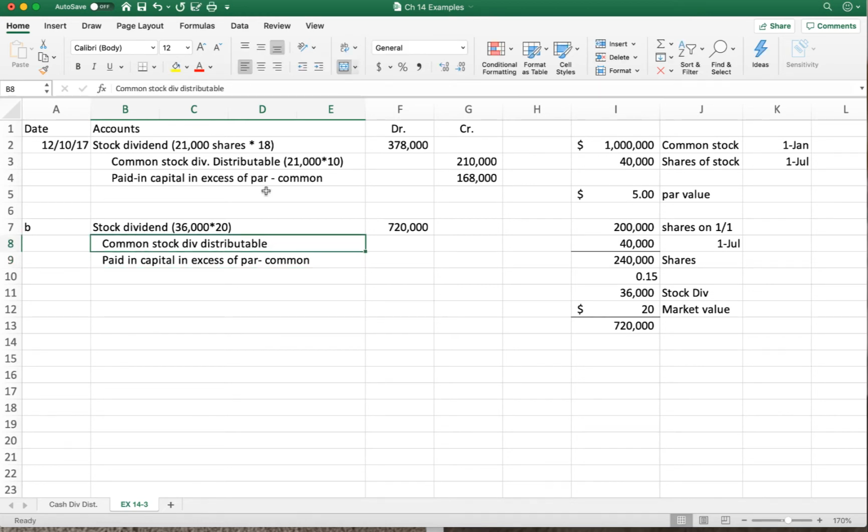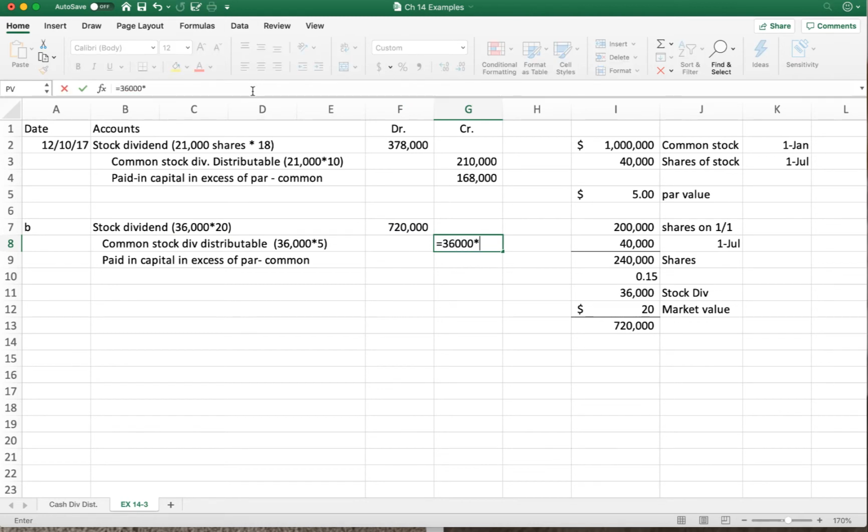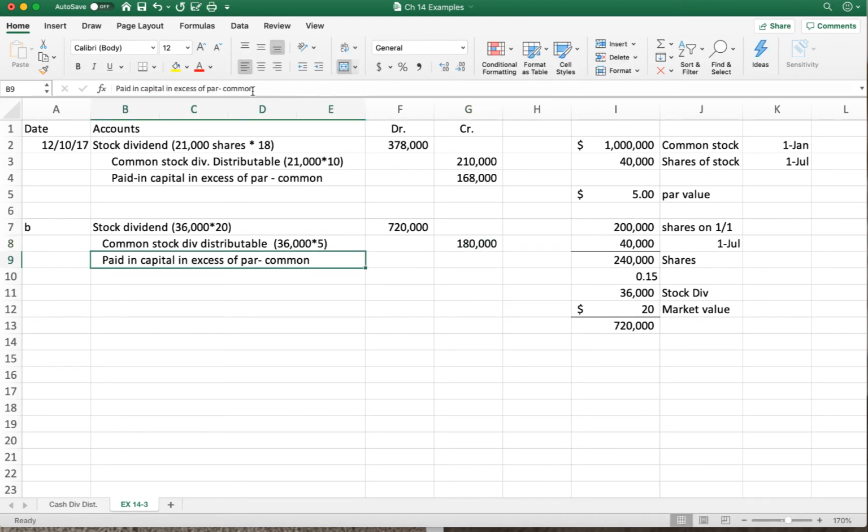Well, this is pretty easy, really, right? Think about it. Common stock dividend distributable. We're issuing 36,000 shares at what price? Well, since we're dealing with the common stock dividend distributable, we're distributing them at a value of par, which in this case is $5. And if my math is right, 36,000 times 5 gives us $180,000. That is the credit entry for our dividend distributable account, okay?